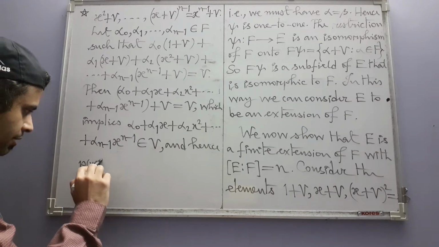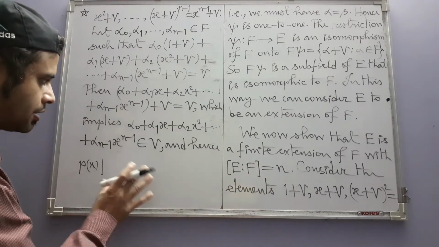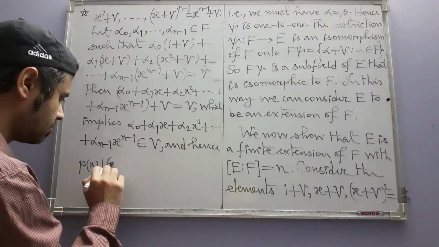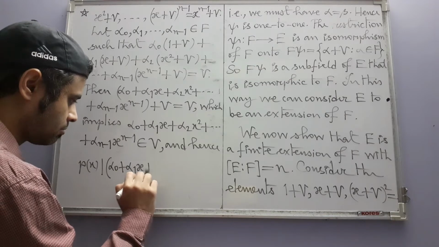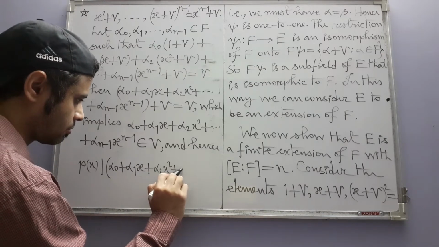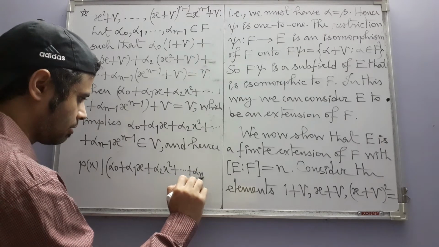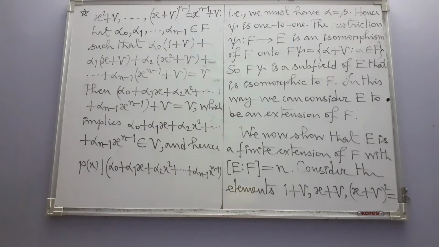P of x divides this. Now a situation similar to that alpha beta situation will arise here.